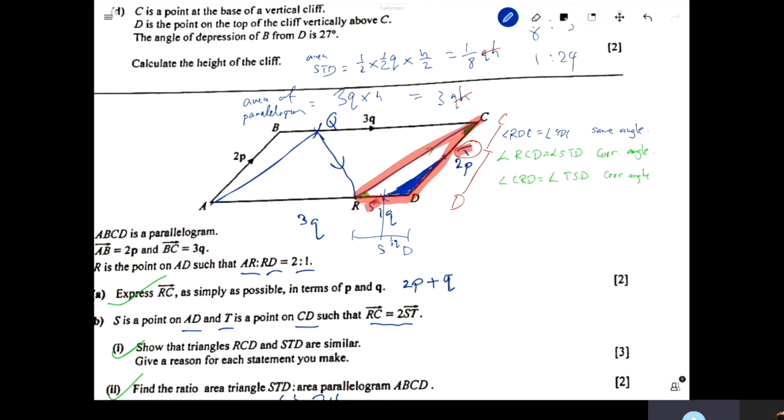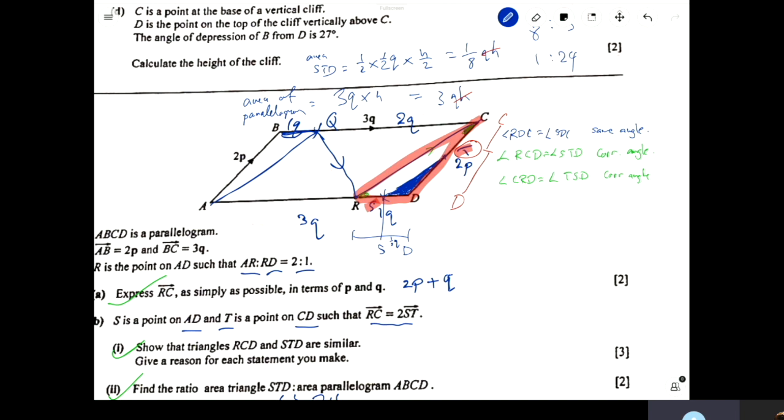That's QR. Congruent means that this is 1Q as well. So Q needs to travel to R. If here is 1Q, this side is 2Q, so 3Q altogether.